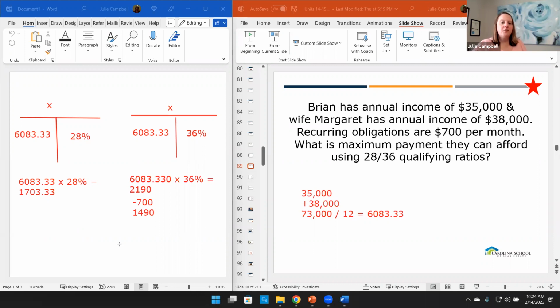So which one of these would Brian and Margaret get approved on? Maximum payment, opposite world says if it asks for maximum payment, we're looking for the lower of the two numbers. So which one will their housing expenses get approved? Their allowable maximum payment will be $1,490, the smaller of the two.